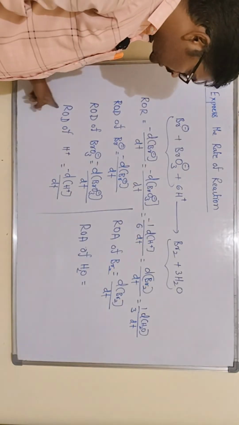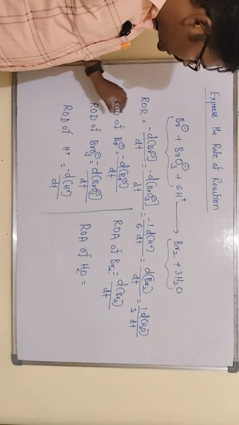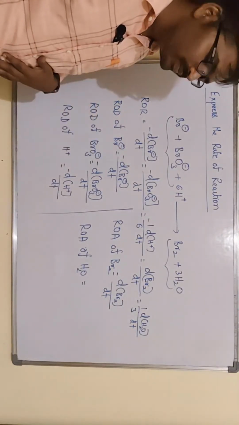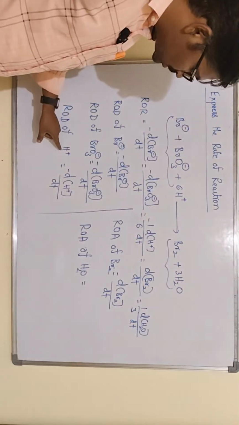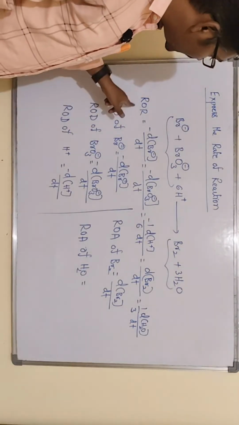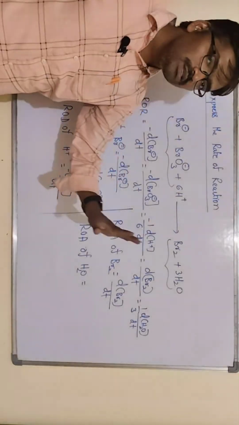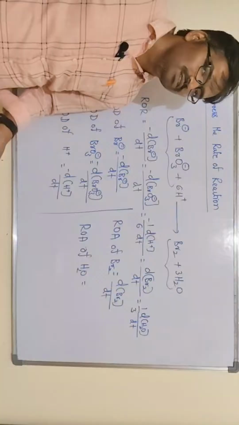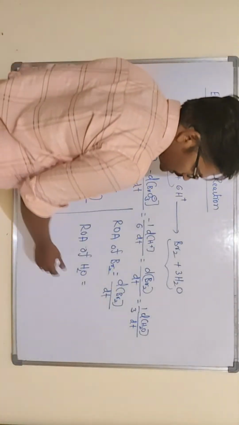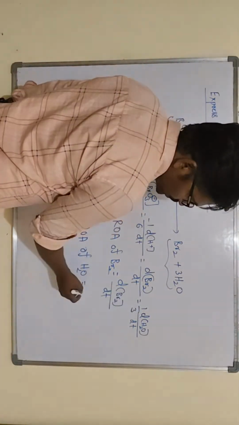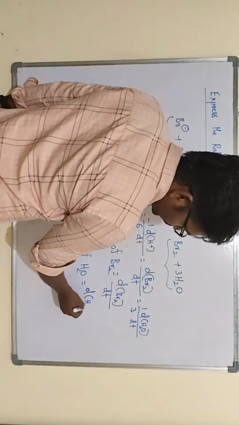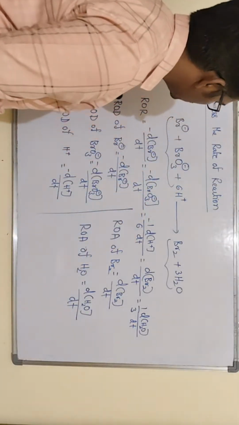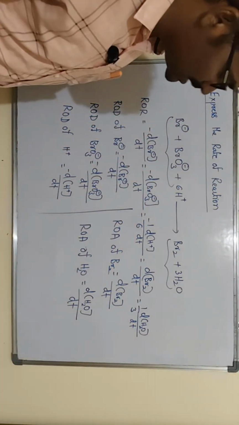All are disappearances, but the disappearance of Br minus will not be equal to the disappearance of BrO3 minus, nor to H plus. But the rate of reaction can be equal for all, because the rate of reaction we measure for only 1 mole of any reactant or product. So when taking the rate of appearance of H2O, even if there is a stoichiometric coefficient, we do not take it. So dH2O divided by dt, like this. Understand, my dear students? So this expresses the rate of reaction.